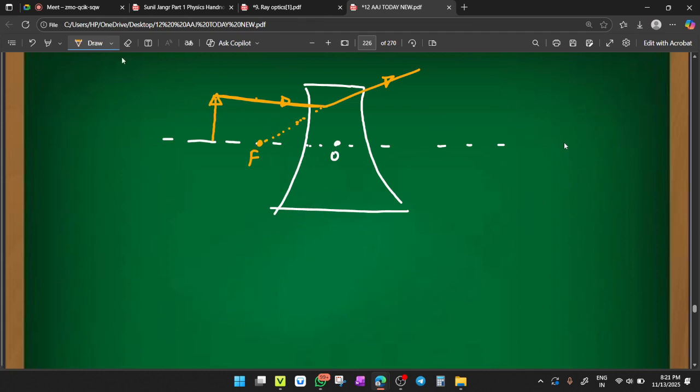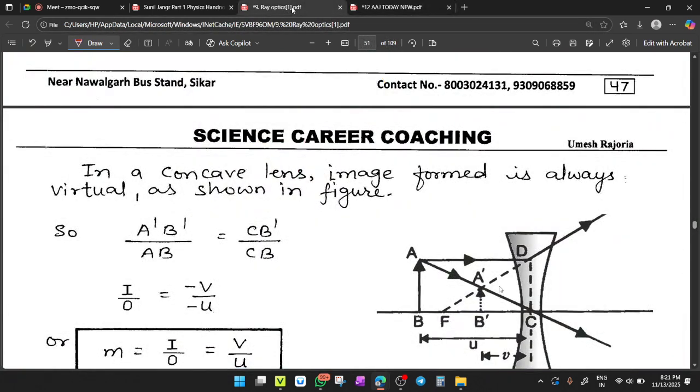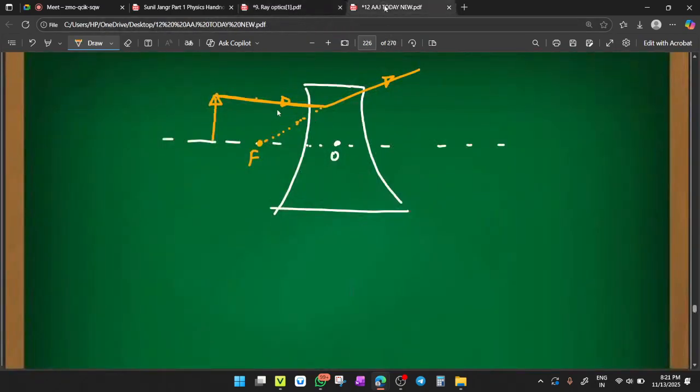It is called focus, where the first ray is parallel. The second ray passes through the optical center without any deviation. Here you will have the image. If this point is A and this point is B, then the pin one is called A dash and this is B dash. So this is the image.